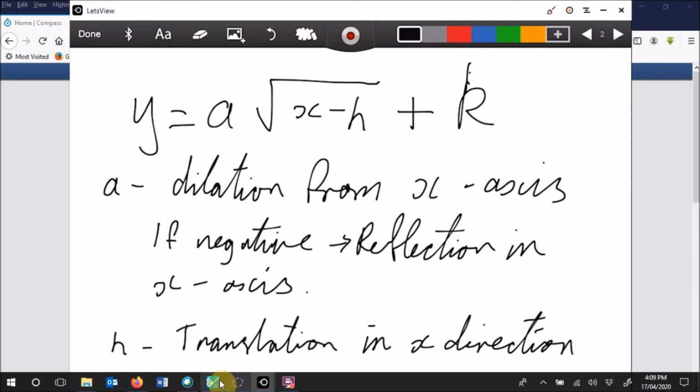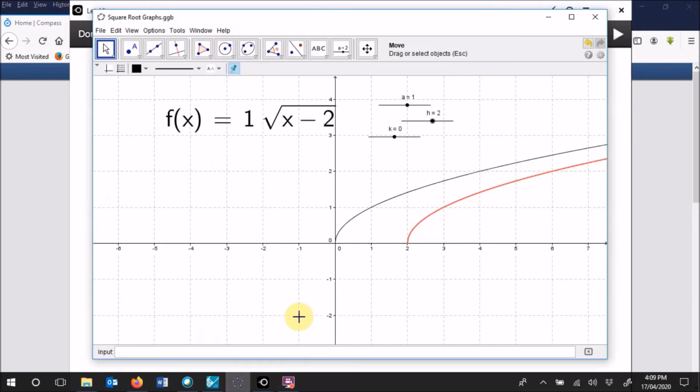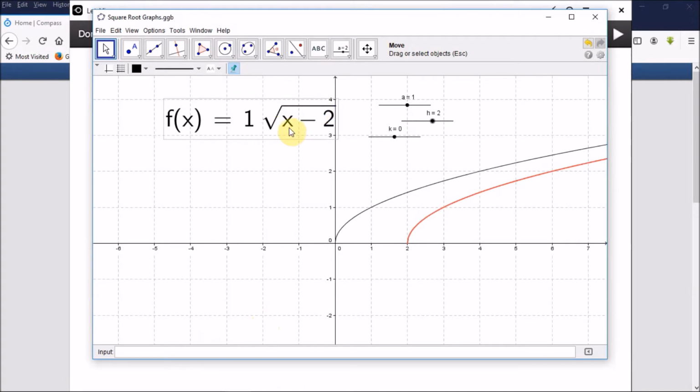And as we've discussed before, it moves to the x value that makes this equal to 0. So x minus 2 is equal to 0 when x equals 2. So that's why it's moved to there. And let's move that back.